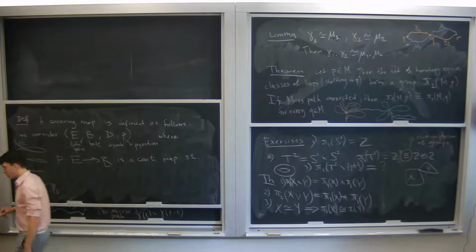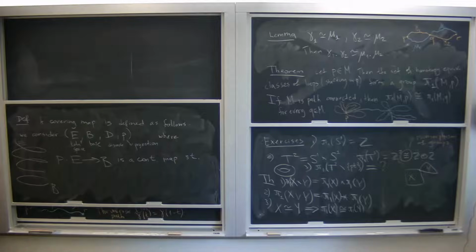Such that for every point in B, there is a neighborhood whose preimage is homeomorphic to the direct product. So basically, it looks like a disjoint union of these neighborhoods.